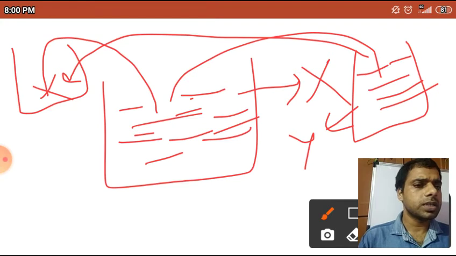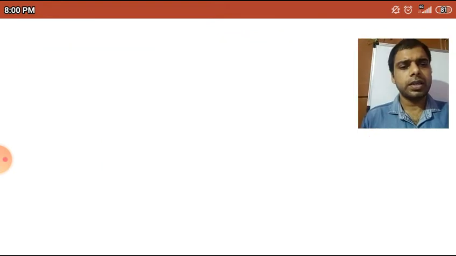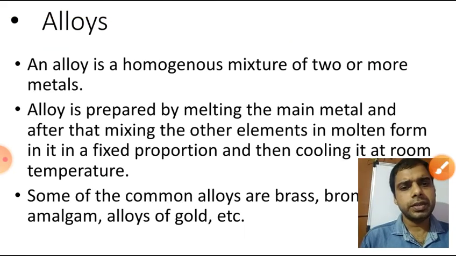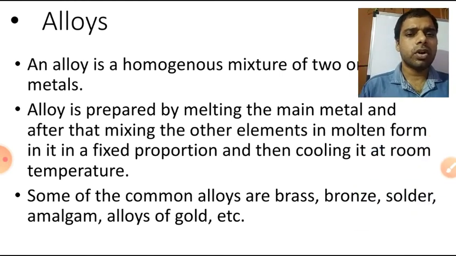It is important, dear students. You have to take the molten form of the two metals. Then only can you make an alloy. Here you can see it is given that the elements are in molten form and in a fixed proportion. Suppose you are taking some metal, the quantity should be fixed.